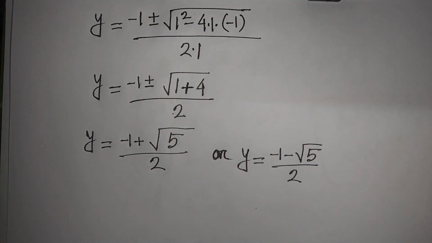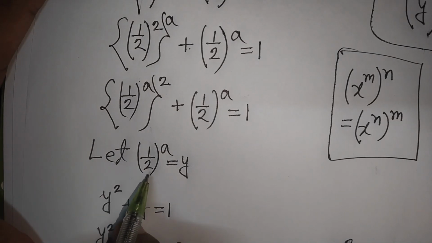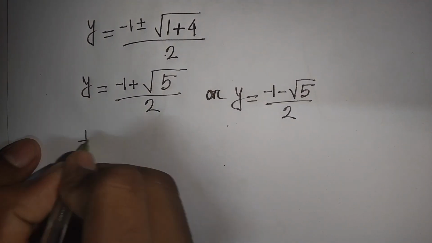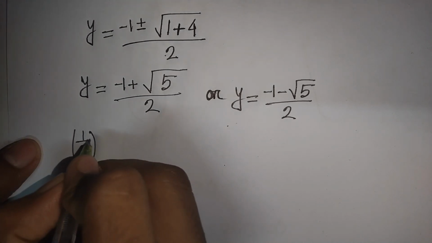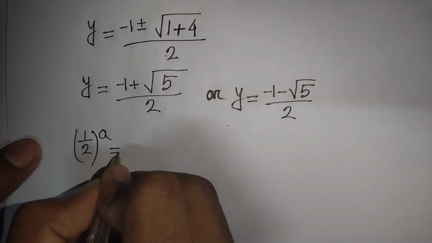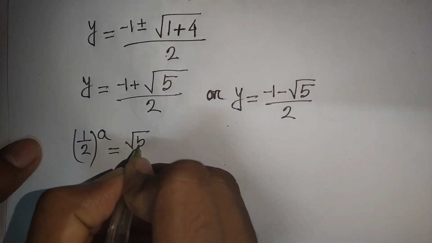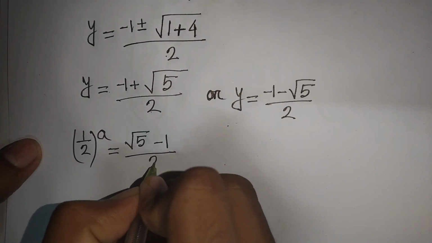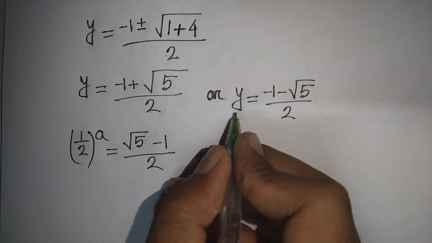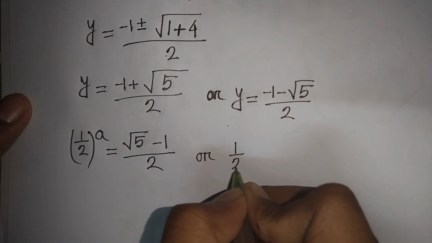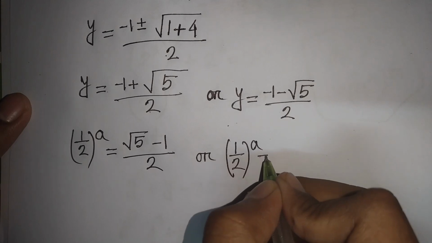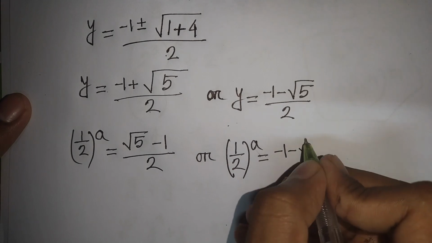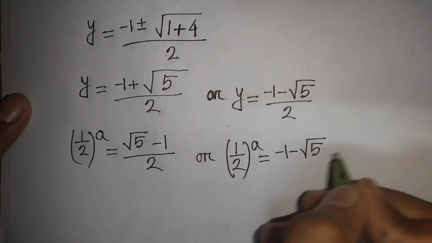But remember that we let 1 by 2 bracket power a be substituted by y. So y, that means 1 by 2 bracket power a, is equal to a square root of 5 minus 1, divided by 2, or 1 by 2 bracket power a is equal to minus 1 minus a square root of 5, divided by 2.